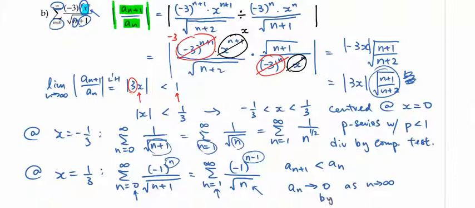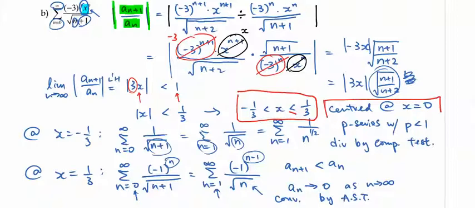So by the alternating series test, you are getting a convergent series at x equals 1/3. So altogether, your interval of convergence will be from negative 1/3 to positive 1/3, including the positive 1/3, with your center equals 0, and the radius of convergence is 1/3.